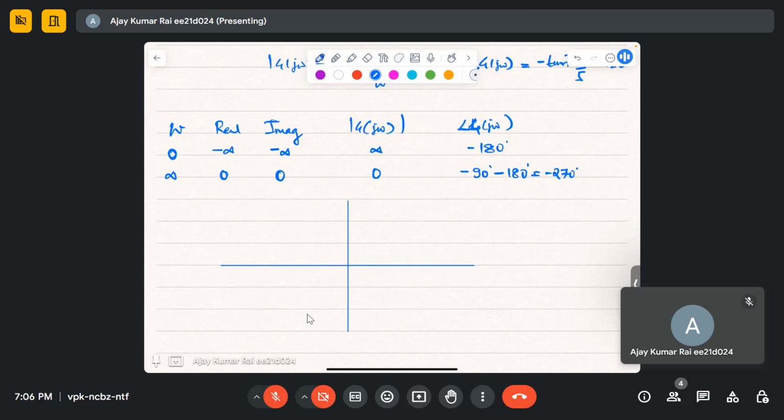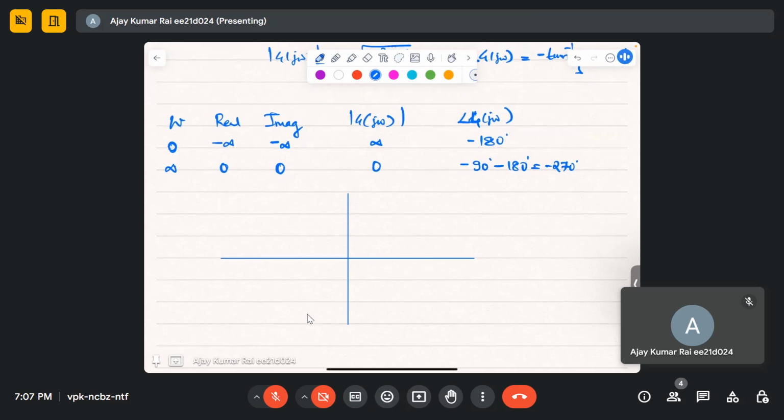Okay, so you can see at minus infinity, real and imaginary terms are both negative. So we can say it's in the third quadrant, right? Somewhere here. Okay, and at infinity, the magnitude is going to 0. So it's like something like this. Maybe I'm drawing wrong. Or minus 270 degree.